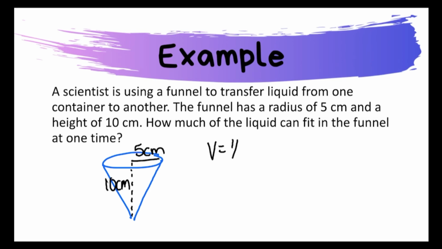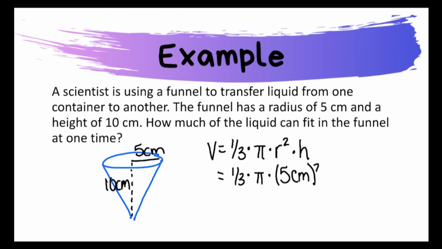Plugging this into our formula, 1/3 times pi times radius squared times height, we get 1/3 times pi. Our radius is 5 centimeters, so we have 5 centimeters squared, and our height is 10 centimeters, so we multiply by 10 centimeters.